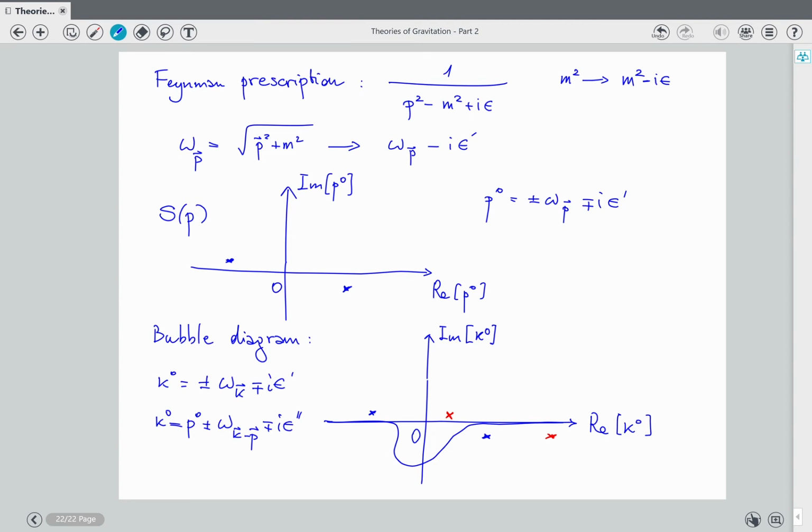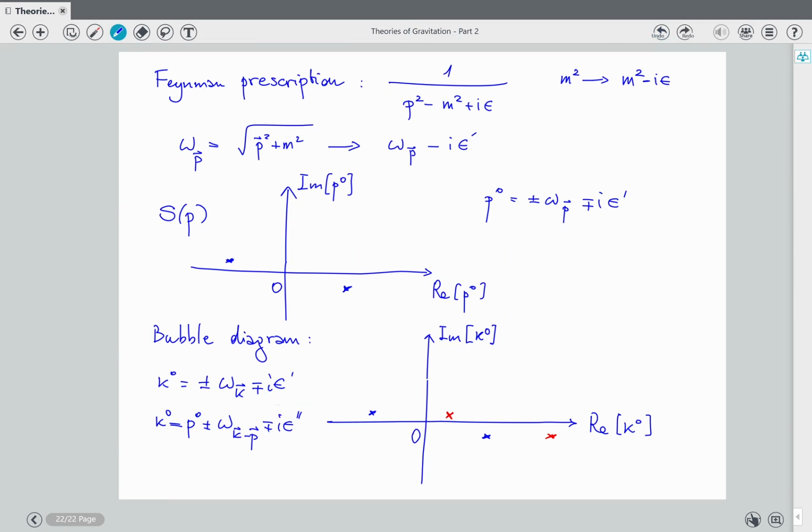So for example, instead of integrating on the real axis, I could integrate on this. And what happens is the following thing, that sooner or later, actually later, at the end, you will have to take these epsilons to 0.